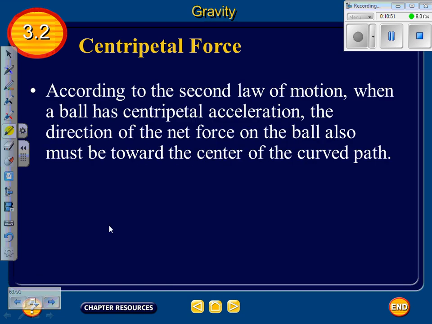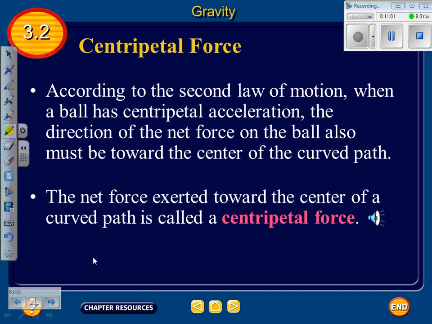According to the second law of motion, when a ball has centripetal acceleration, the direction of the net force on a ball also must be toward the center of the curved path. The net force exerted toward the center of a curved path is called a centripetal force.